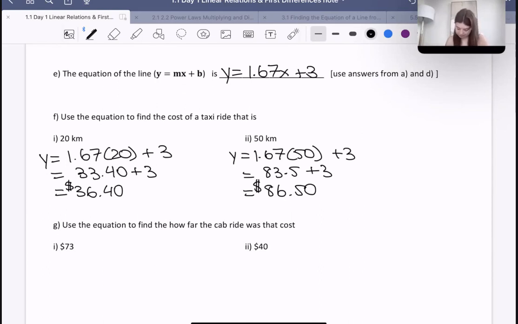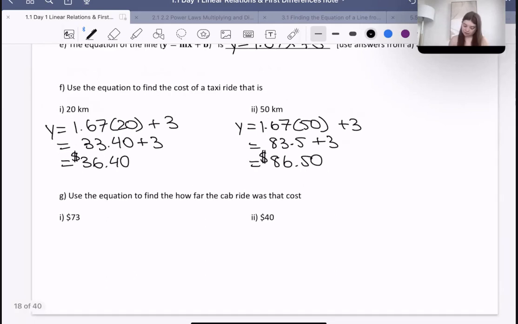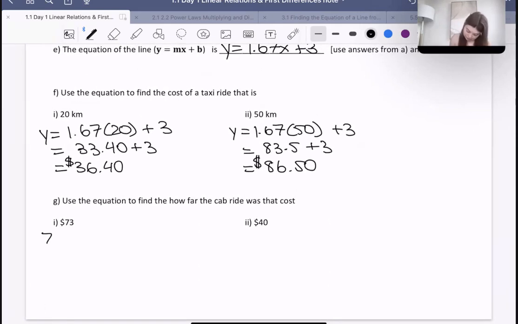All right, use the equation to find out how far the cab ride would be if the cost is $73 or $40. So let's do $73 first. If it's $73, we need to find out what x is, right? How far did the cab travel? Our first step is to subtract 3 from both sides. So over here we have 70 equals 1.67x.